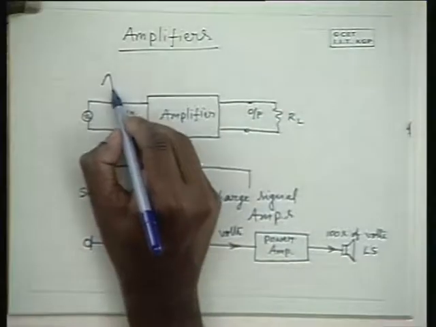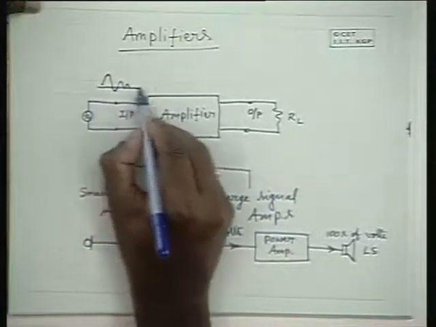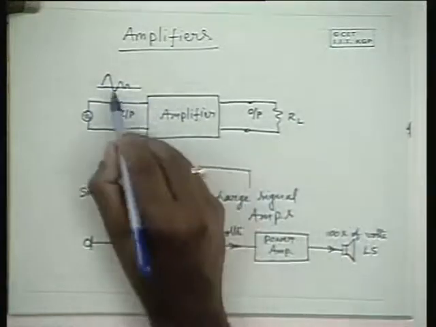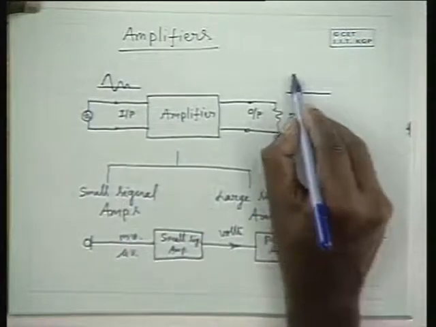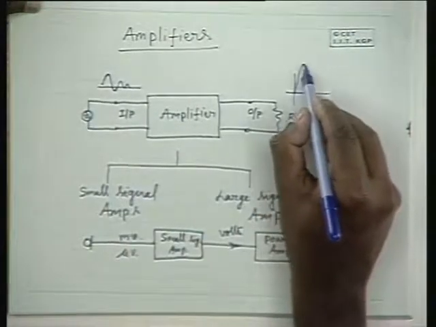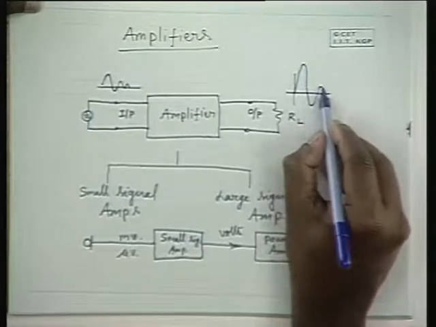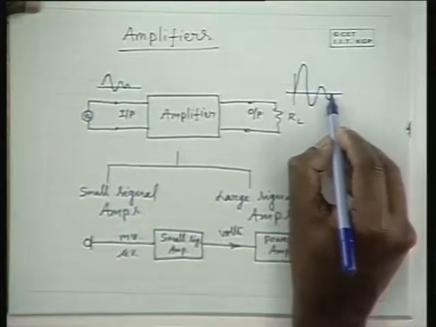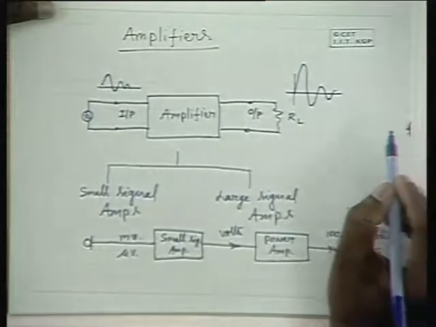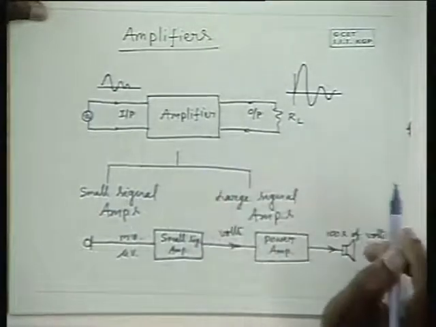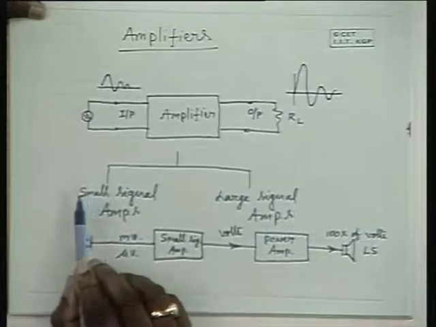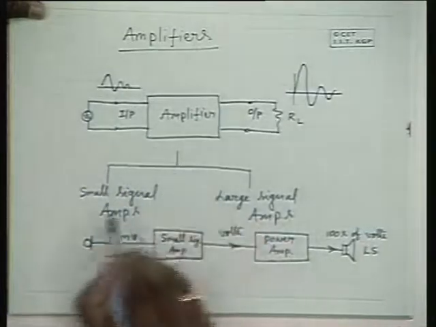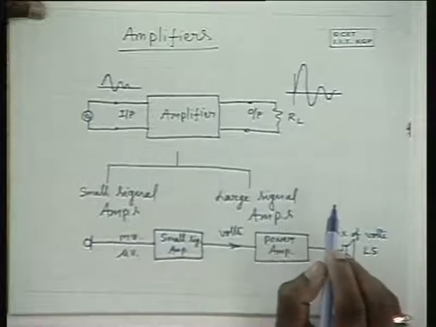An amplifier is typically used for amplifying small signals to large amplitudes, where the shape is retained but the amplitude is scaled, or you get some gain in the amplitude. So this is one kind of classification based on the signal amplitudes.